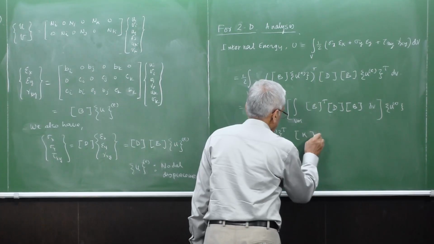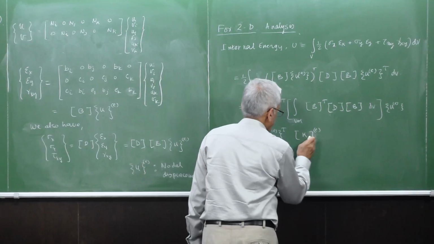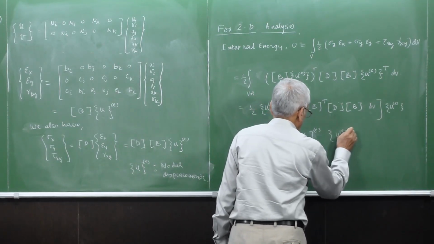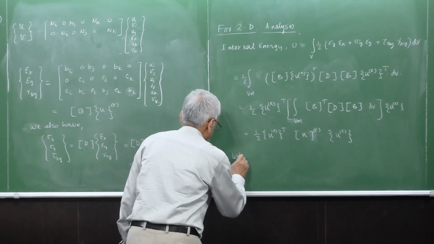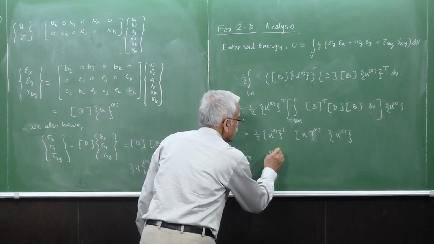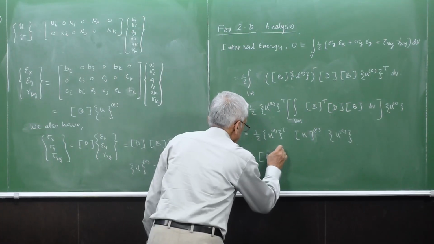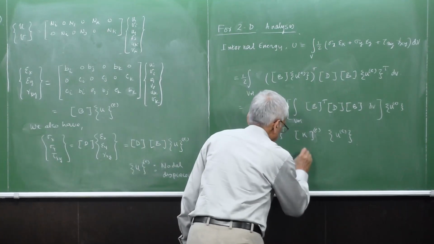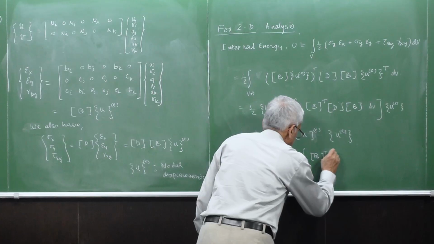So this we write as K, where K is, interestingly, called the stiffness matrix, which is the integral of B transpose D B dV.